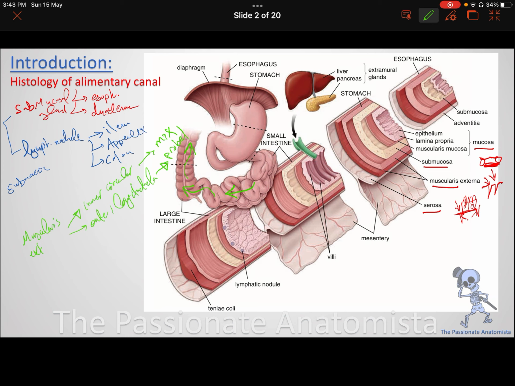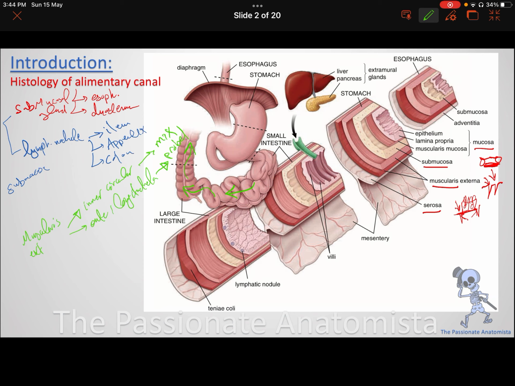So thanks to the inner circular, by the contraction of the inner circular, I will make sure to mix the food very well inside my canal. And thanks to the outer longitudinal, that will help me to proceed the food from one place to the next, to get the food processed from one area to another and get it done all the way, digestion and absorption, getting the nutrition from the food I'm eating, and getting the benefit of why I'm eating that food.